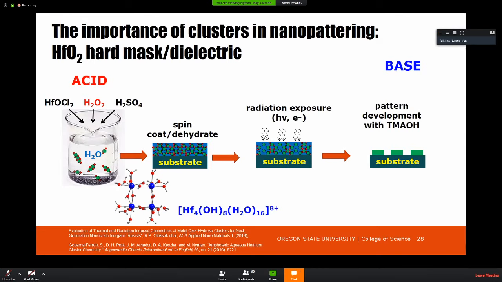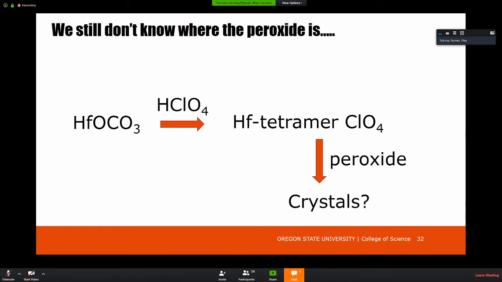And so we are crystallographers at heart. We like to see things, evidence in the solid state. So we went to crystallize this hafnium peroxide form so we can really know where it is. To do this, we need to eliminate the chloride because the chloride is redox active. So we replaced it with perchlorate counter ions.